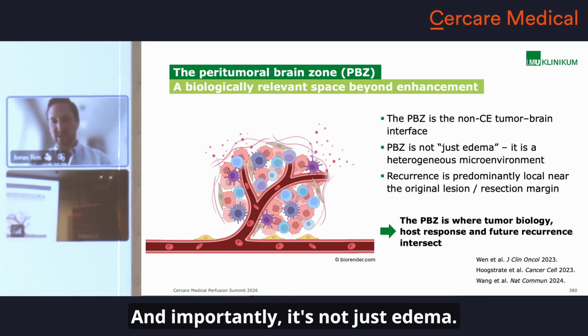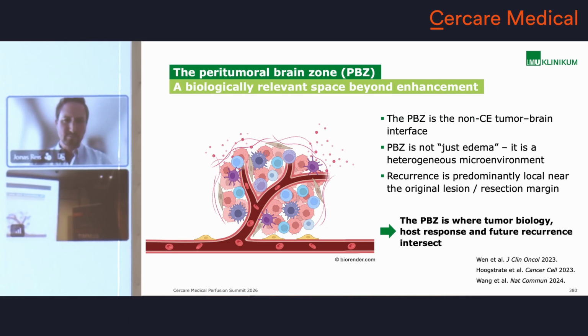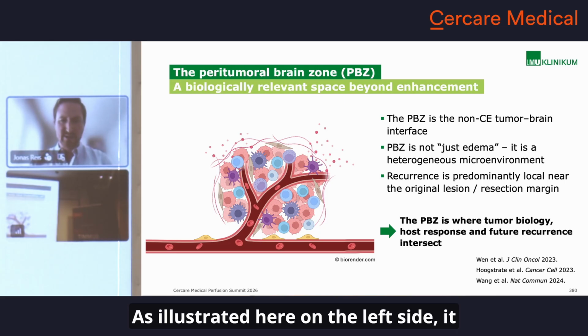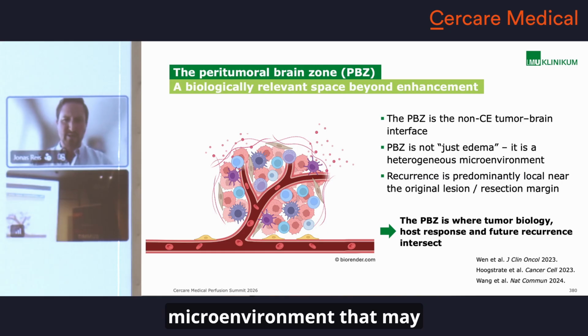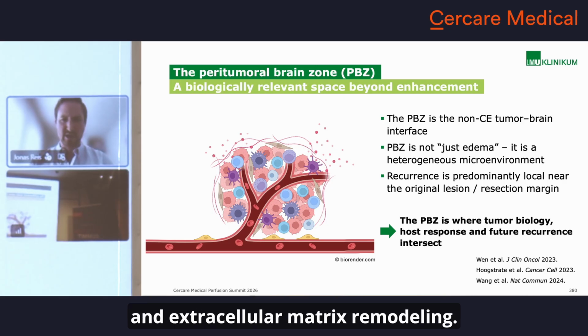And importantly, it's not just edema. As illustrated here on the left side, it is a heterogeneous microenvironment that may contain infiltrating tumor cells, reactive changes, altered vasculature, immune activity and extracellular matrix remodeling.